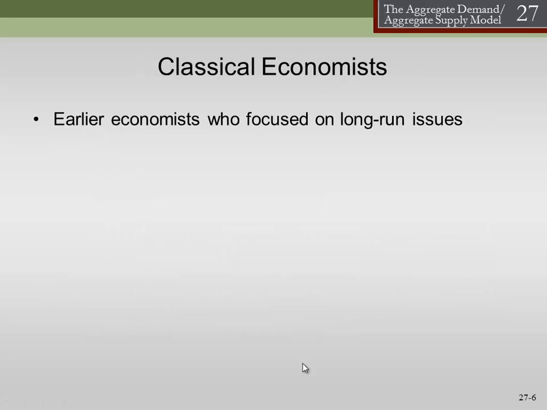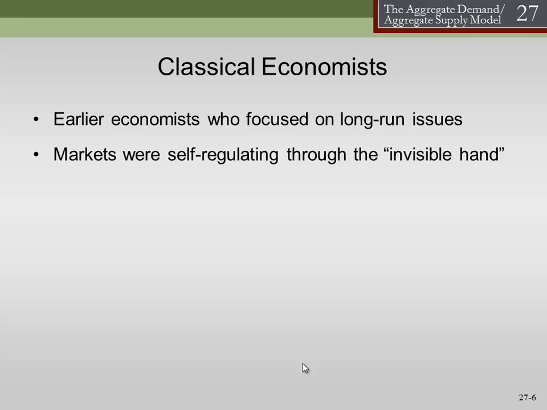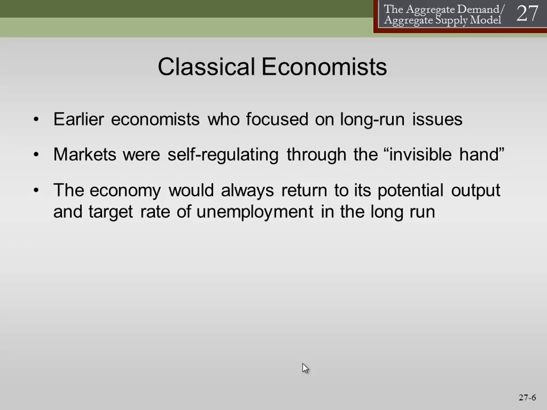So let's think about very early economic theory, the earlier economists who focused on long-run issues. Markets were self-regulating through this invisible hand idea that we credit all the way back to Adam Smith.